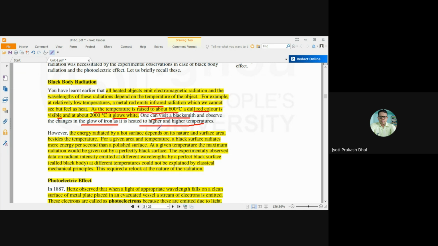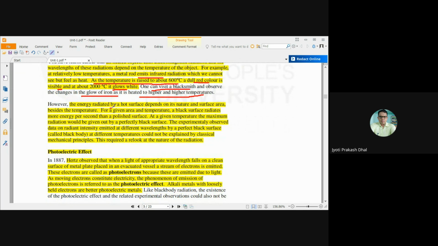Hence, the energy radiated by a hot surface depends upon its nature and surface area besides the temperature. For a given area and temperature, a black surface radiates more energy per second than a polished surface.